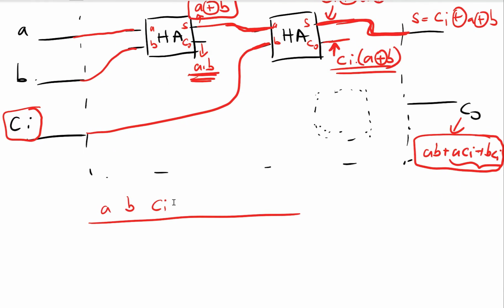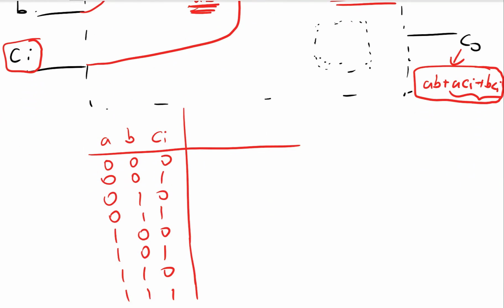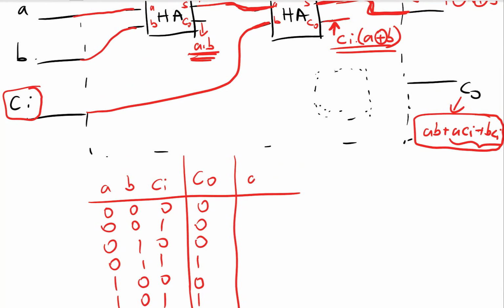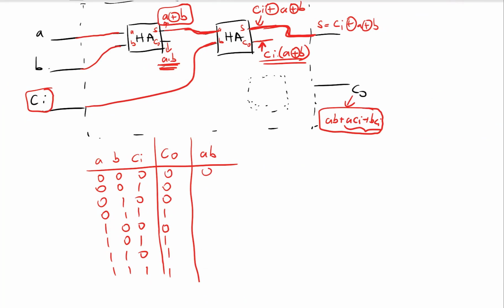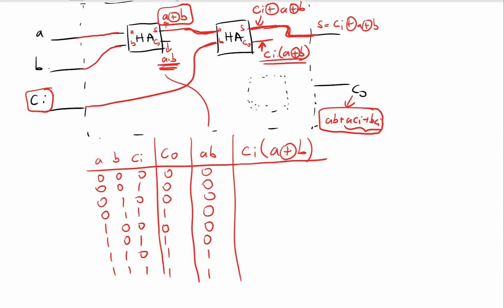So let's write the truth table for this. What I am trying to get is this carry out, right? So the carry out is 0 0 0 1 0 1 1 1. And if I have A and B here, I will have 0 0 0 0 0 0 1 1. And if I have carry in and A XOR B here, this is this term.